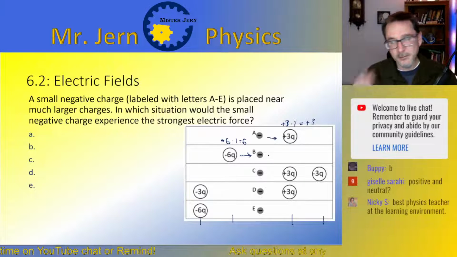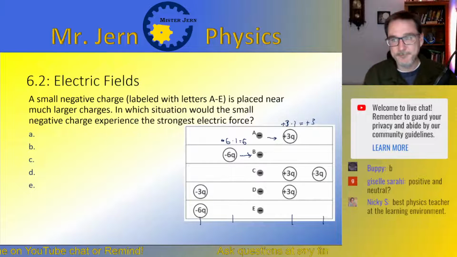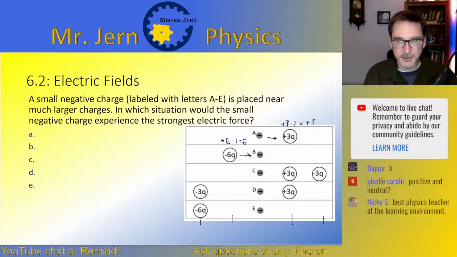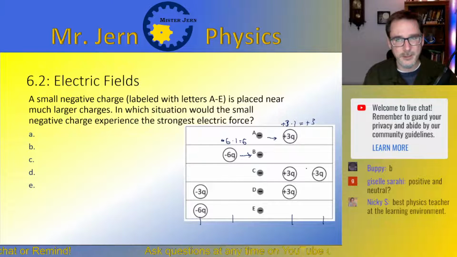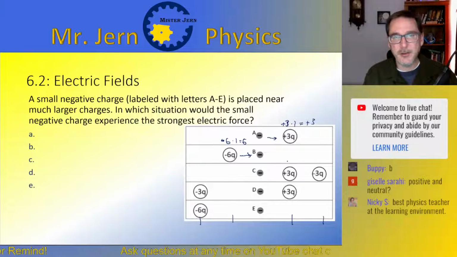Now letter C is a little bit different because we've got two things going on here. One is a positive, one's a negative. One is going to pull and the other is going to push. So now we do have to keep track of the direction, and bottom line, they're going to cancel each other out a little bit. So let's keep that in mind. We've got 3 because of the charge.